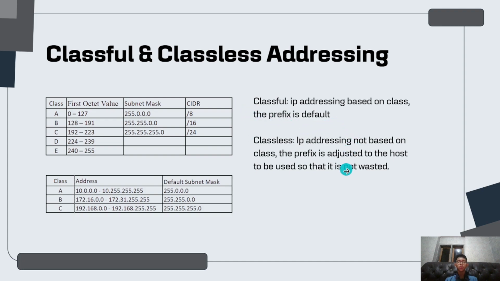So it will be wasted because we just use 12 hosts. So the prefix is adjusted to the host to be used so that it is not wasted, which is you can use /28, which has 16 values of the host.